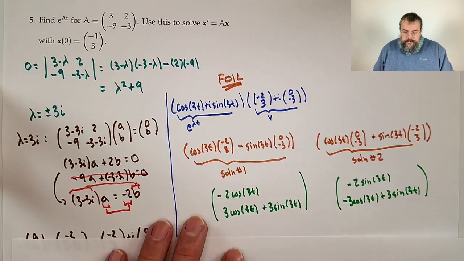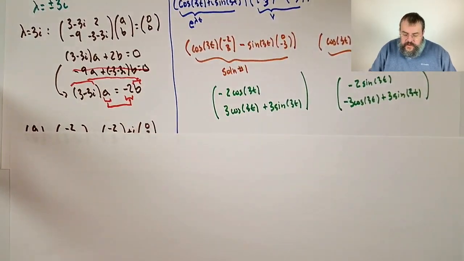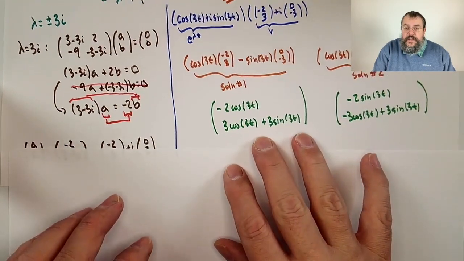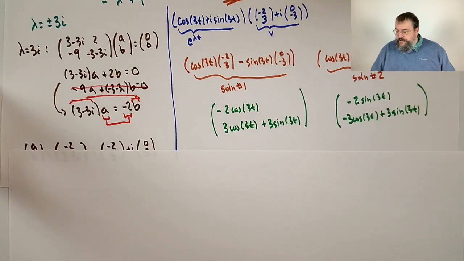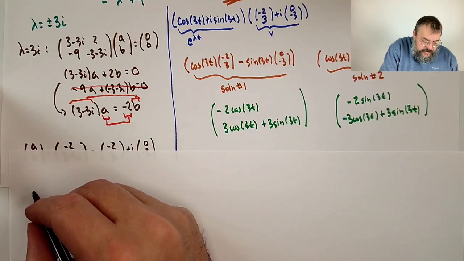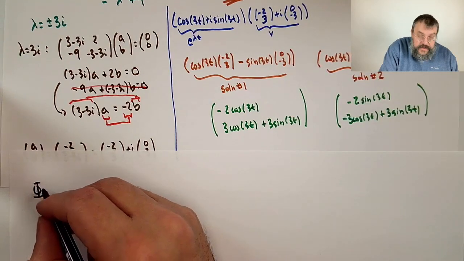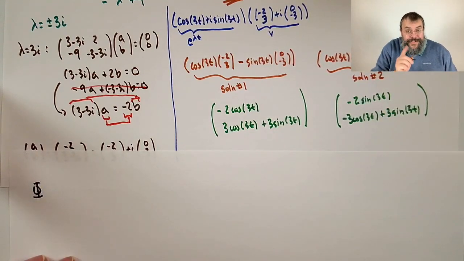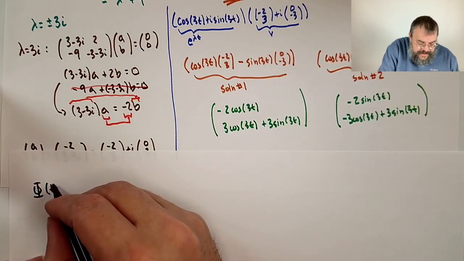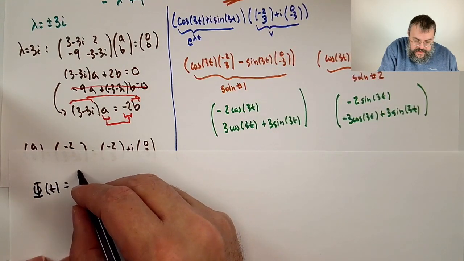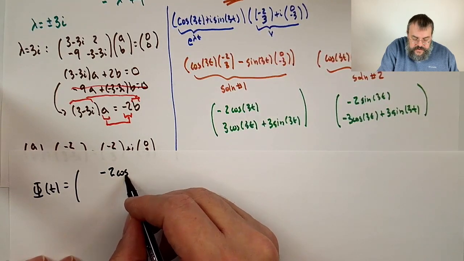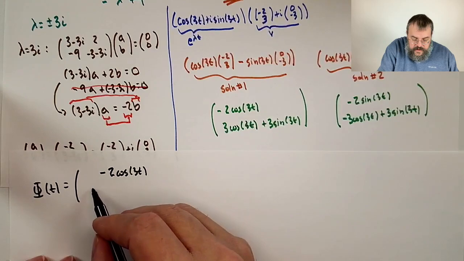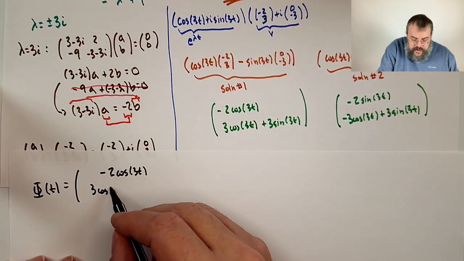But what's going to happen is that we're going to take these two solutions, and they are going to fill up the columns of a fundamental matrix. So now we'll write down that particular fundamental matrix. It's not e to the At, not yet. Hold on, we'll get there in just a second. We have phi of t, and we'll just copy it. The first column is that first solution, and write that down.